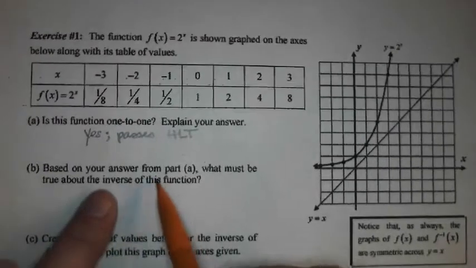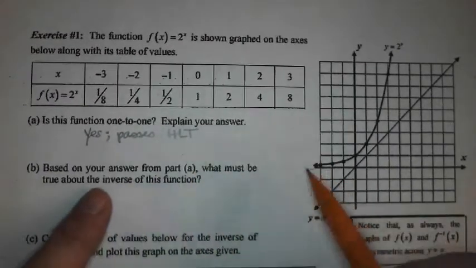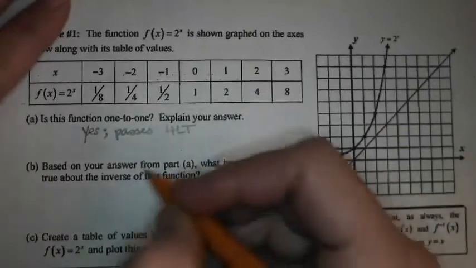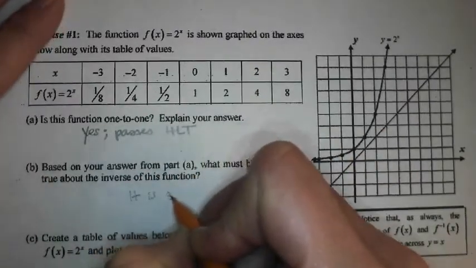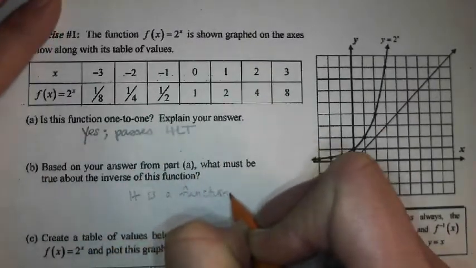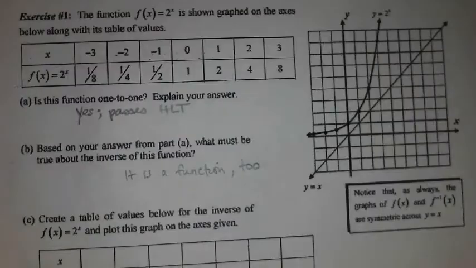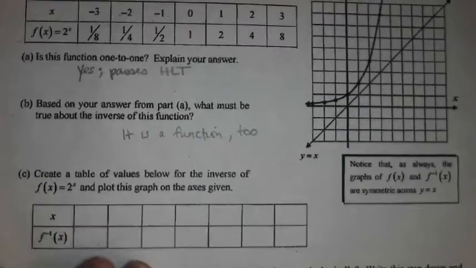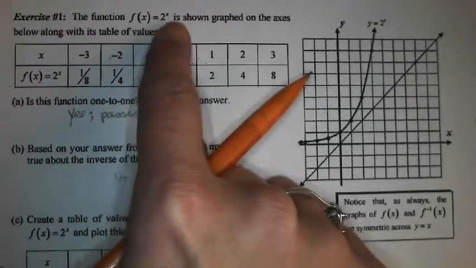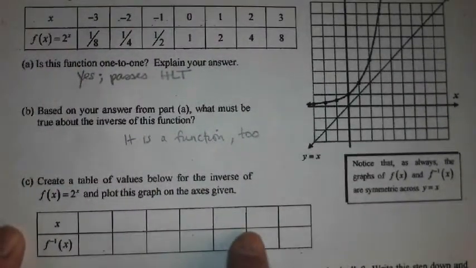So based on your answer from part A, what must be true about the inverse of an exponential? It is a function too, because if the original passes the horizontal line test, then the inverse will pass the vertical line test, making it a function. So now we're going to plot this one's inverse just by flipping all of the points.